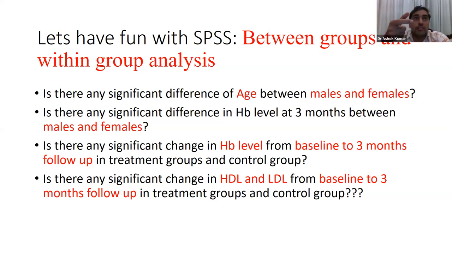According to religion, there are several groups. If we want to compare HB level according to religion, HB level is the quantitative or dependent variable and religion is our independent variable. It has more than 2 categories, so it is called between group comparison.